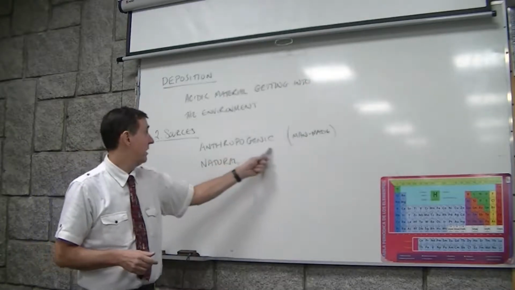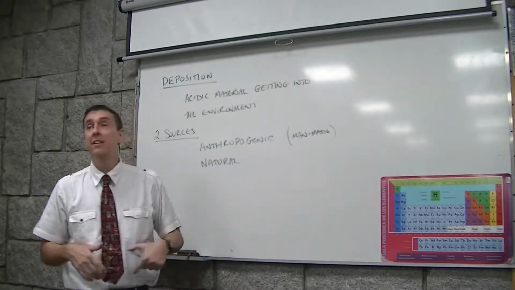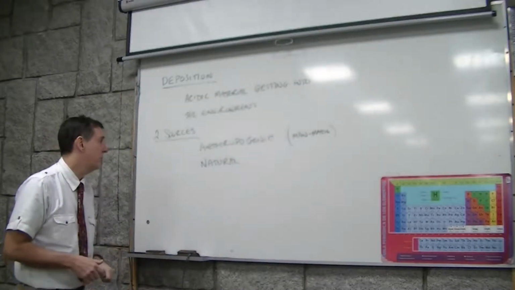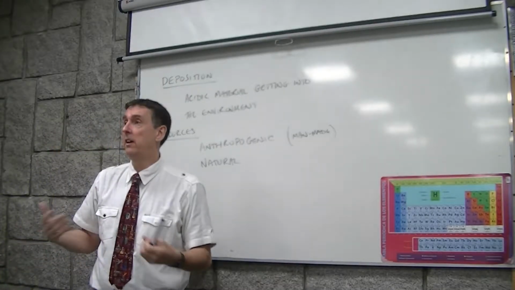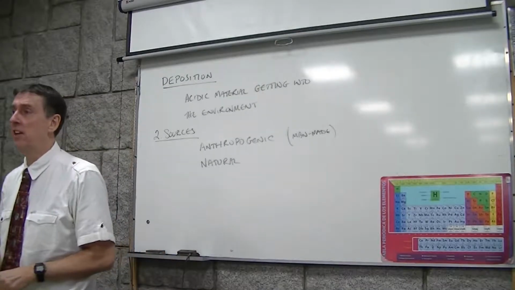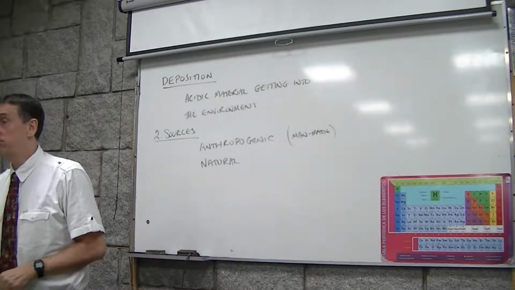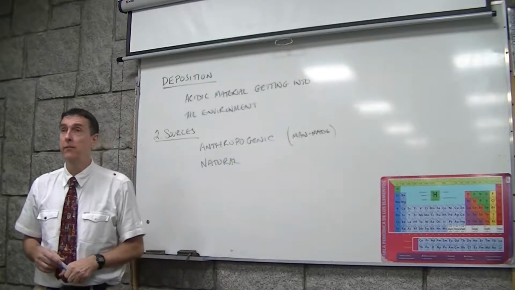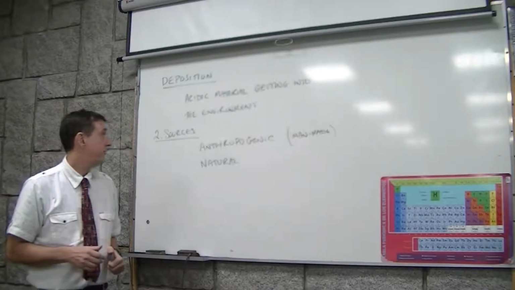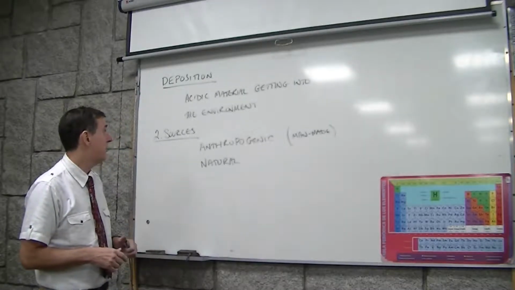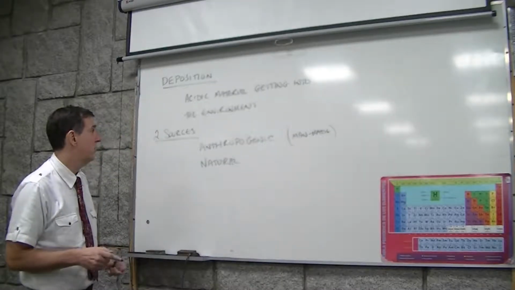So we're looking at the things that are made by man that can affect the acidity of the environment. Natural sources, well, the Earth has always been highly active in terms of things such as volcanoes, weather, things like that, all of which can produce acidity. But let's have a look at the anthropogenic sources first of all.